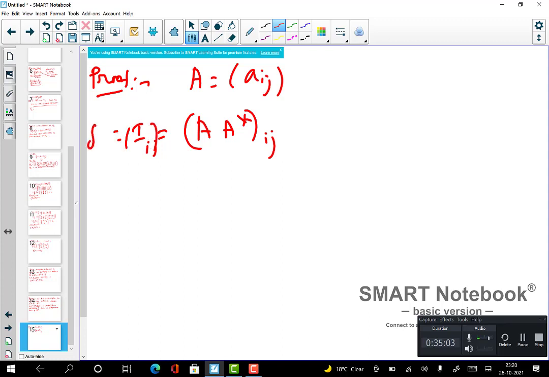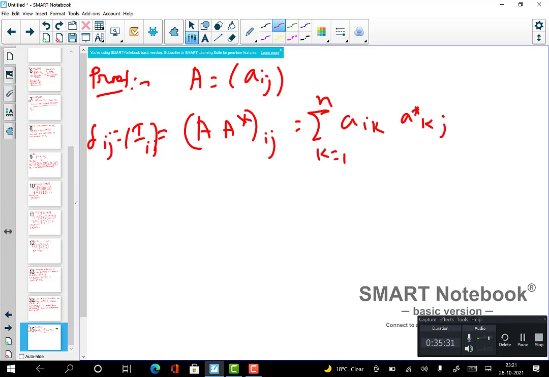so the ij-th component is delta ij: when i is equal to j it is 1, otherwise 0. On the other hand, by definition, this is the sum over k from 1 to n of a_ik times A star of kj, where A star is the conjugate transpose. Now A star of kj is nothing but a bar jk.